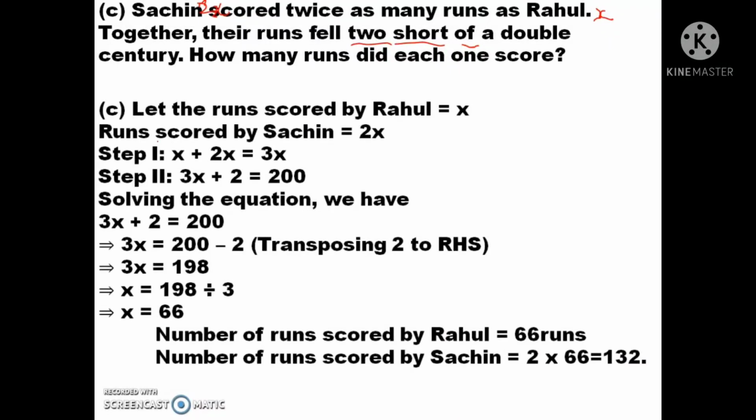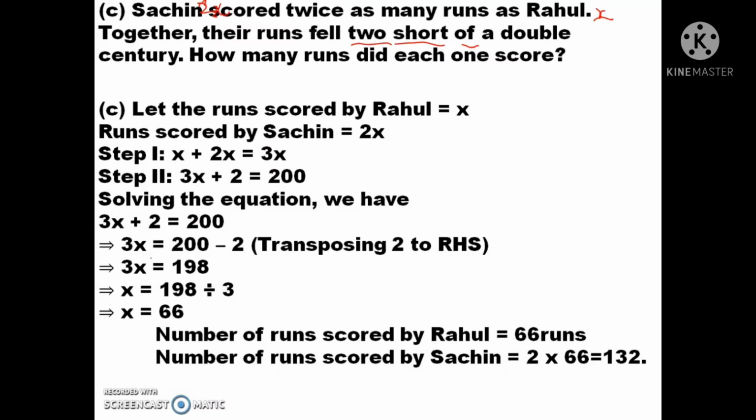Now, here you have x plus 2x is equal to 198. 200 means double century. You need 2 more runs for 200.